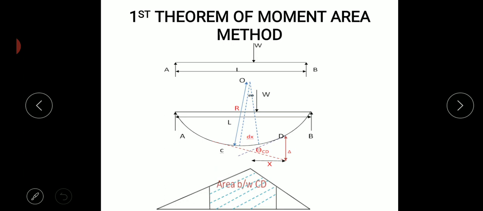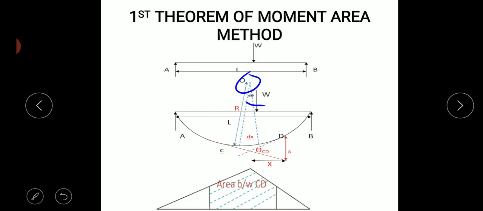In order to determine the slope for the elementary length, I have considered the two points C and D. Since dx resembles an arc of a circle, if I project that arc, it meets at a point O, wherein it makes an angle d theta.